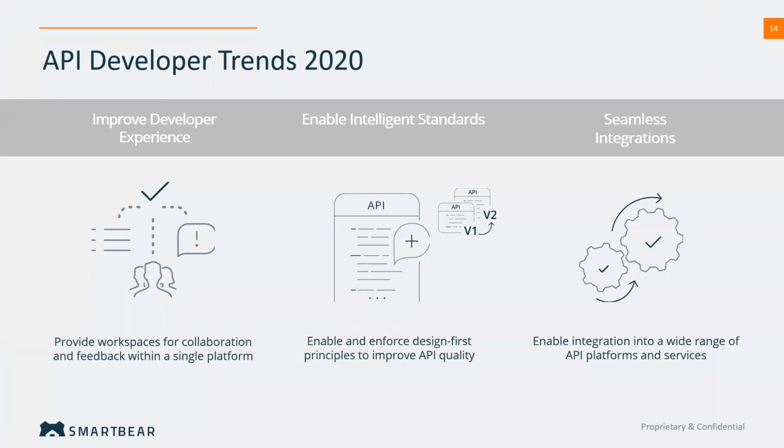So what would they like to see more of? What would they like to see done better in 2020 and beyond to improve their ability to write and deploy and manage APIs? The three components we identified were an improved developer experience, the enabling of intelligent standards, and seamless integrations.